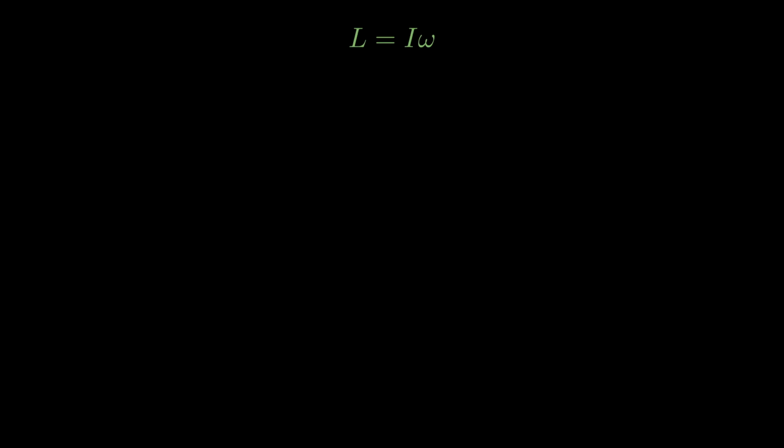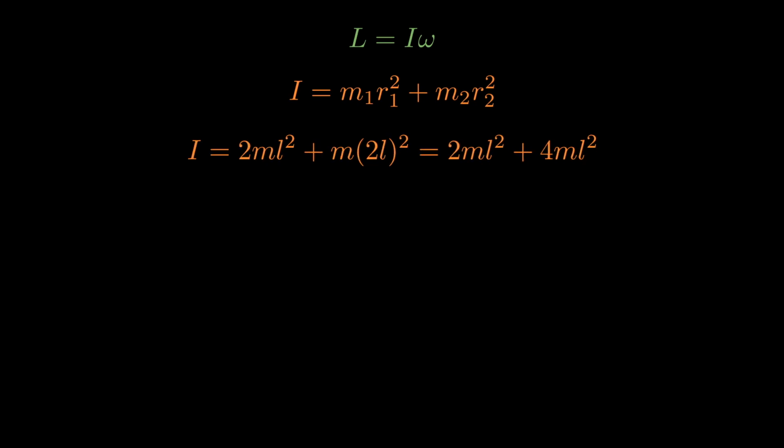So we get m1 times r1 squared plus m2 times r2 squared. The first mass is 2m and the second mass is m. The mass of 2m is L away from the axis, and the mass of m is 2L away from the axis. So we can substitute the distances in to get 6mL squared. Then we multiply this by omega naught, the angular velocity, to get 6mL squared times omega naught, and that's the initial angular momentum.